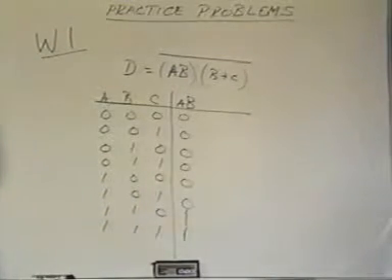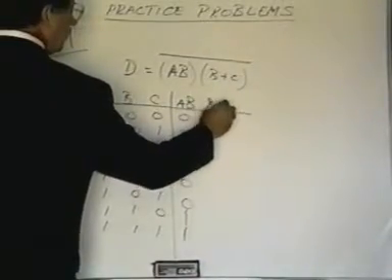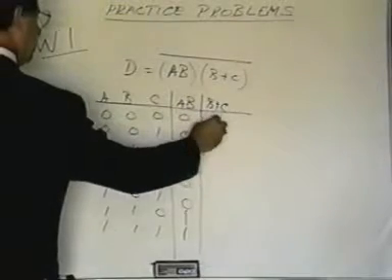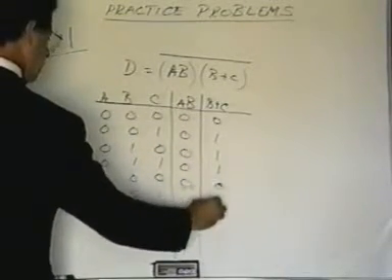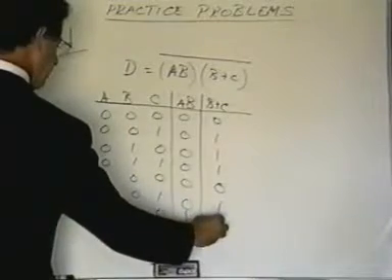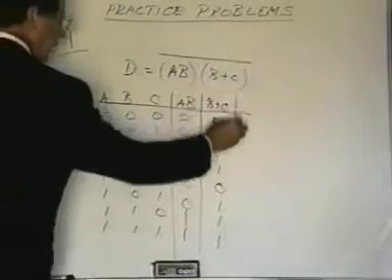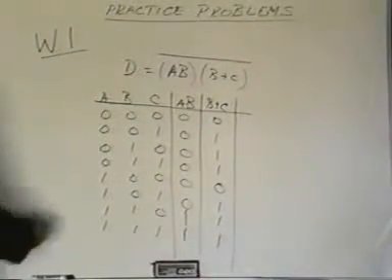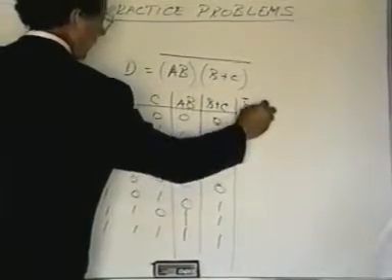Now, let's form for our next column B or C. Draw a line down through here. B or C, 0, 1, 1, 1, 0, 1, 1, and 1. In the next column, let's take these 2 quantities and AND them together. This would be the same as D naught because we haven't got to D yet.